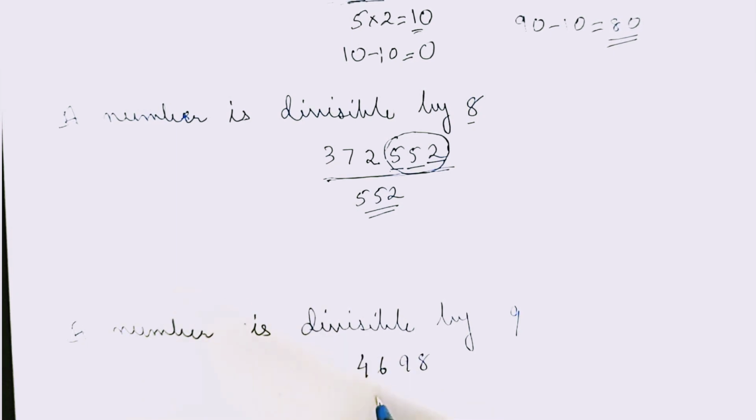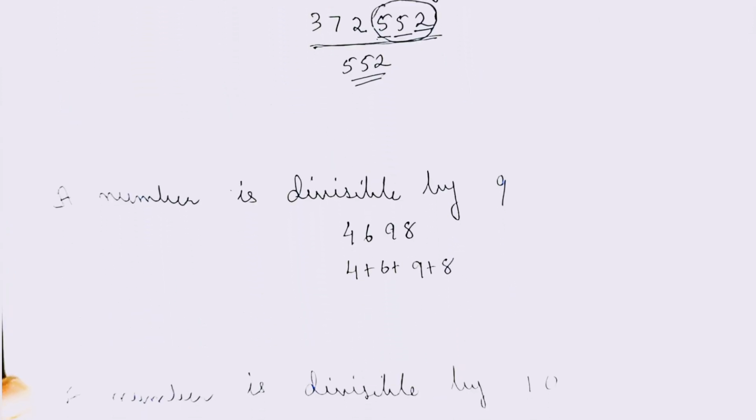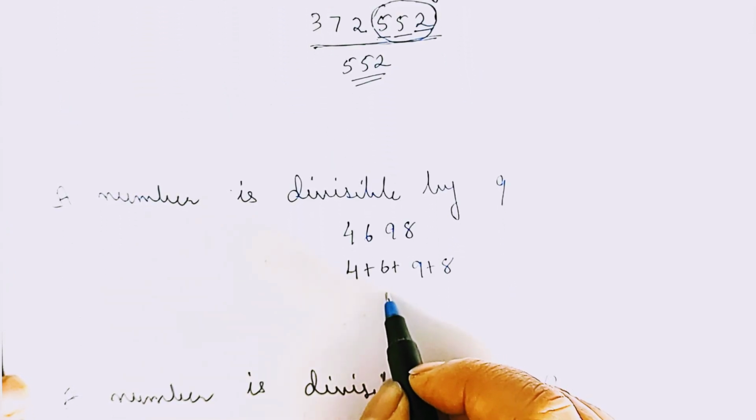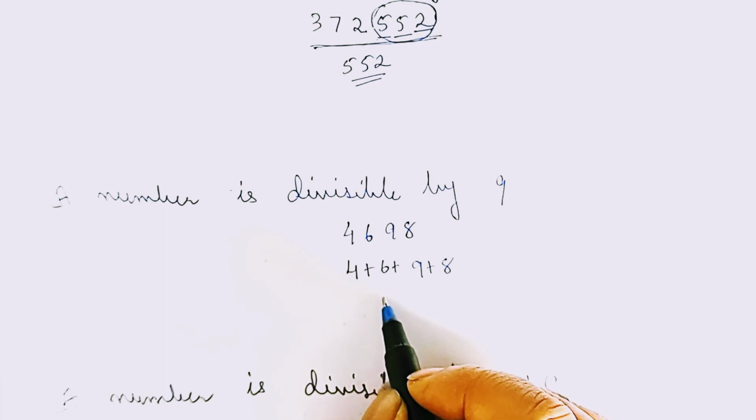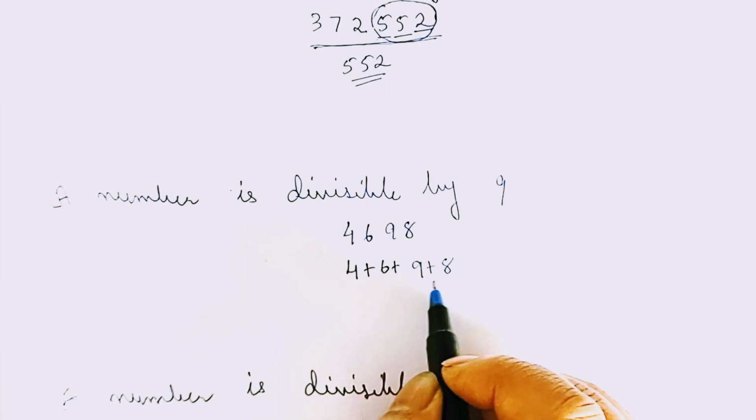Now I have to add it: 4 plus 6 plus 9 plus 8. If I add this, tell me friends, what are you getting? 4 plus 6 is 10, 19 and 8 is 28.